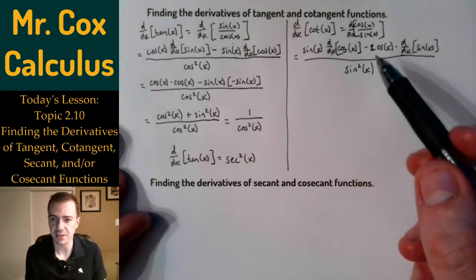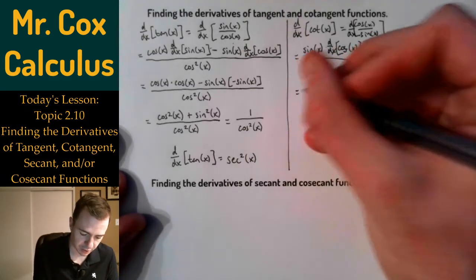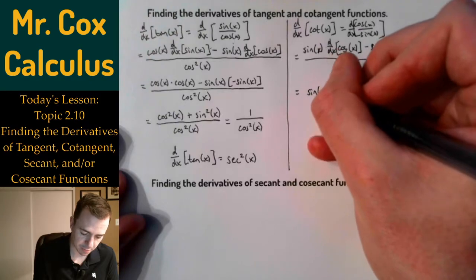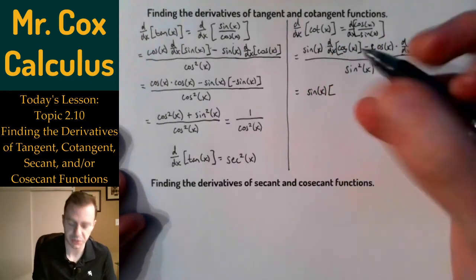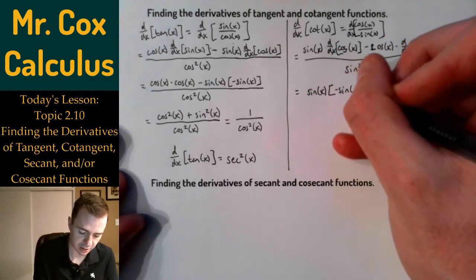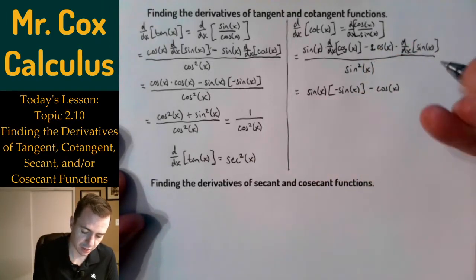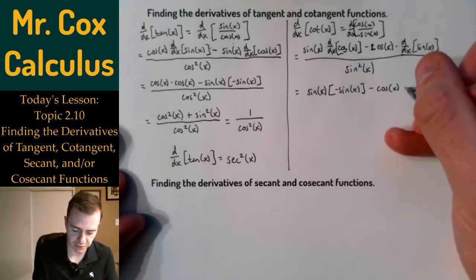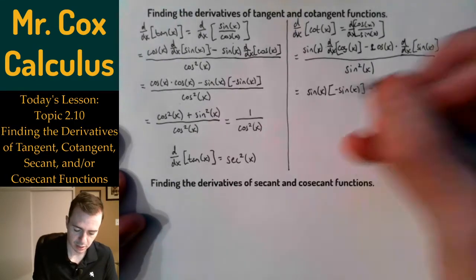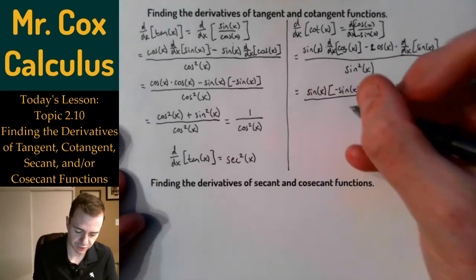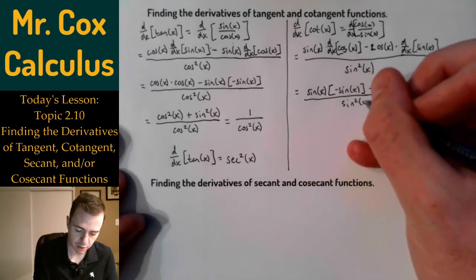Now then, let's take these derivatives here in the numerator. So I get sine of x times the derivative of cosine, which is going to be negative sine of x, minus the cosine of x times the derivative of sine of x, which is cosine of x, and that is all over sine squared of x.